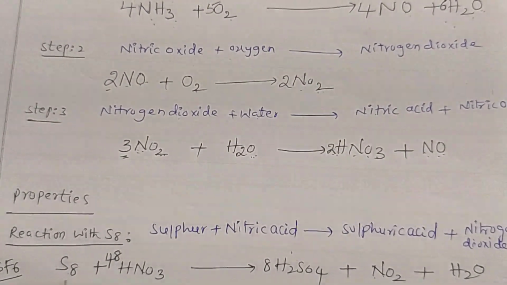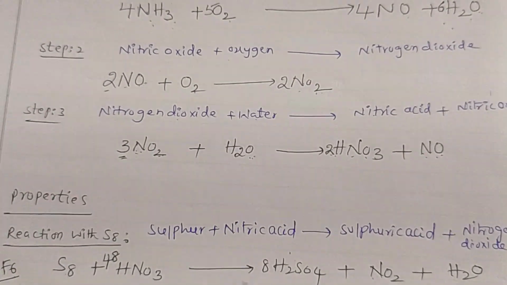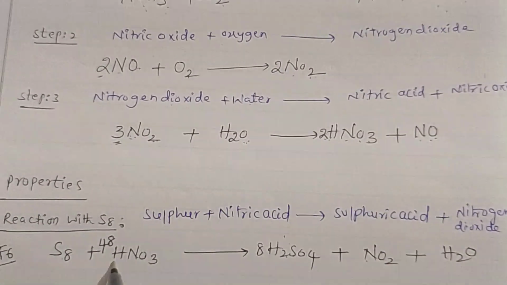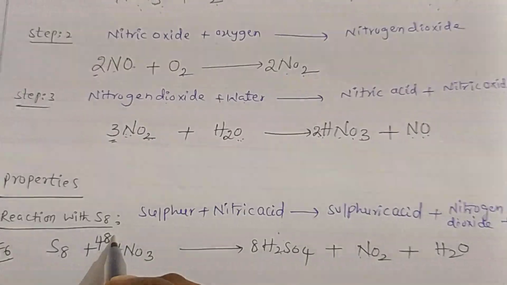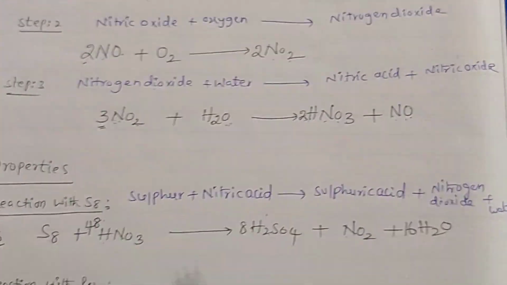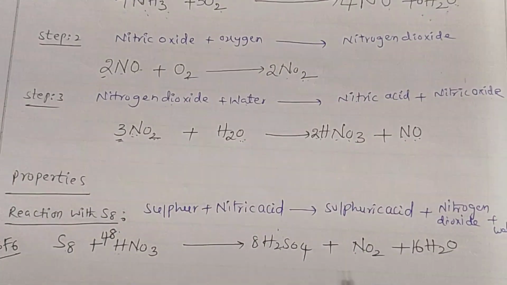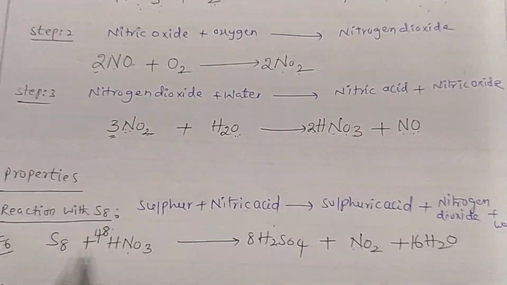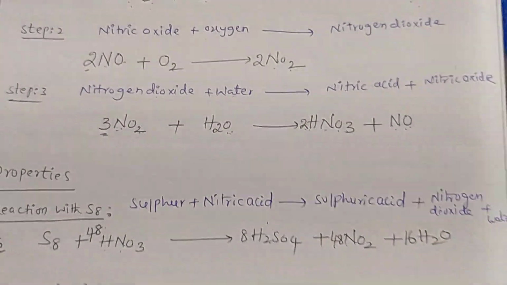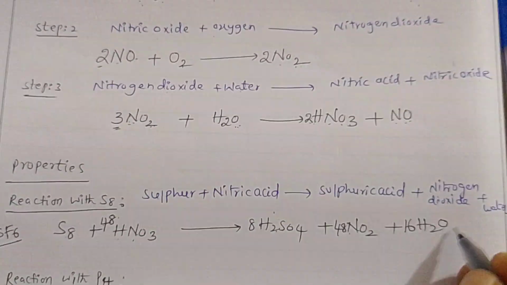Now balance the hydrogens: 8 twos are 16 hydrogens, the remaining is 48 minus 16, 32. So you keep here 16 twos, 32. The nitrogens in this reaction are not consumed, so as it is 48 nitrogens are there. So this is the balanced equation.